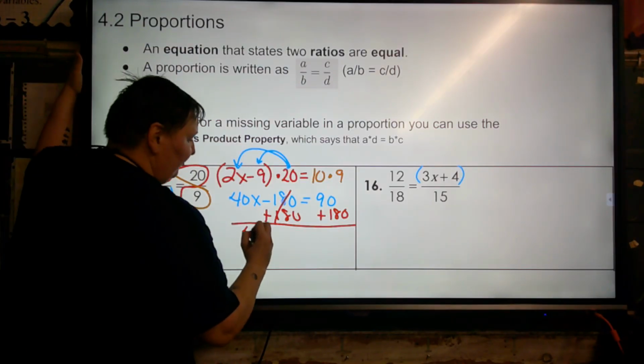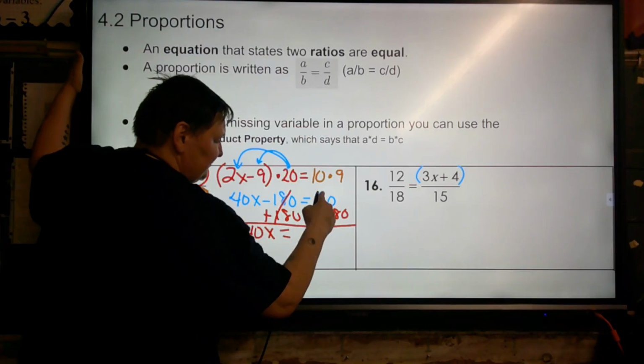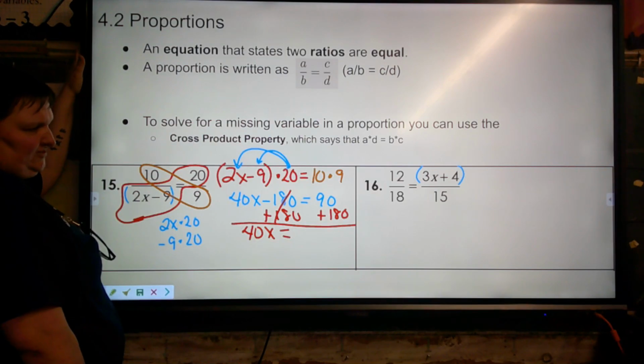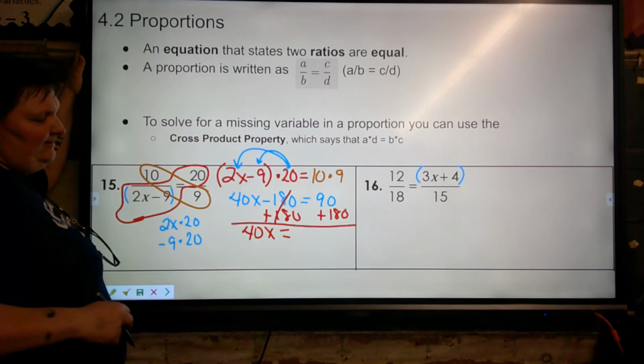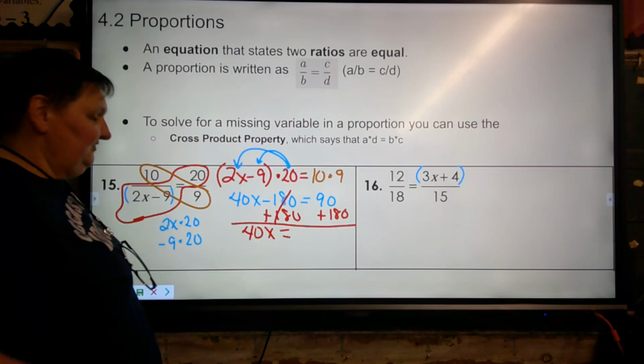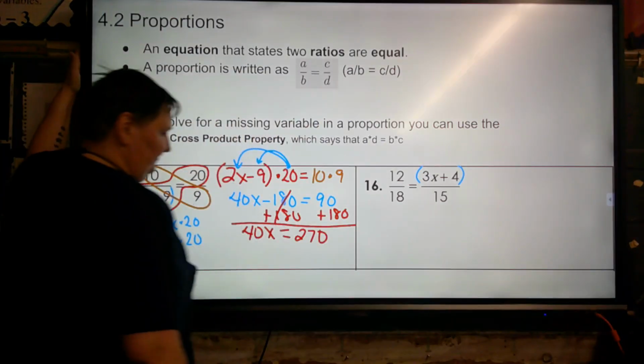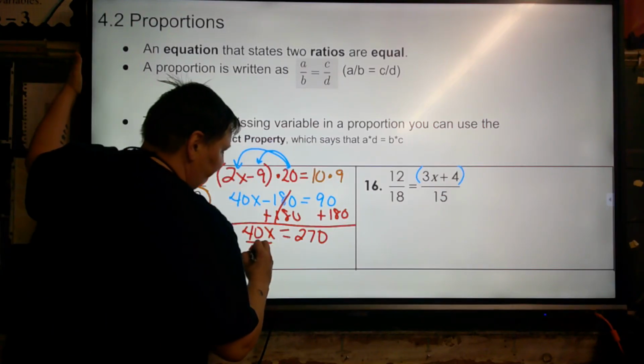So now I have 40x is equal to, what's that? 180 and 90? 270? Okay. Divide to get rid of the 40.